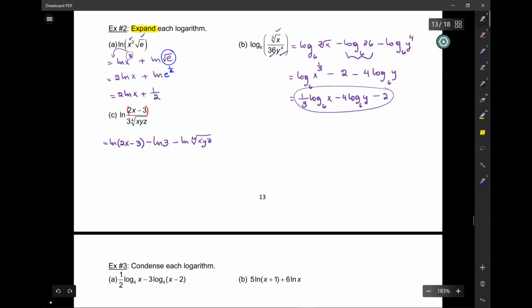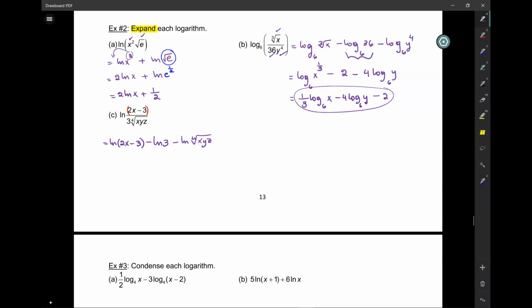xyz. Okay, again, here with this bunched up stuff, there's lots of ways to do it. You could split it up before, you could split it up after. At the end of the day, all of it needs to be split up. Now, it's very, very common that a student will write this and then they'll be like, okay, I'm done.